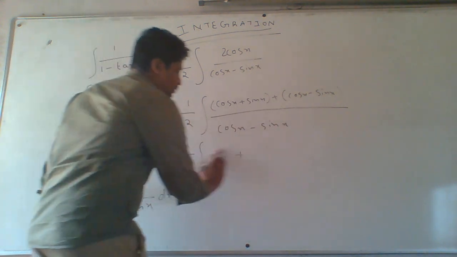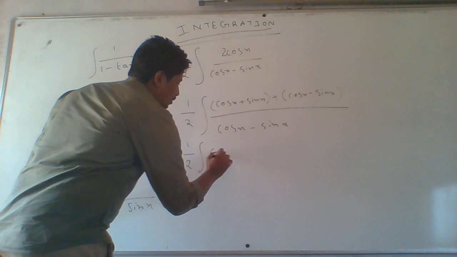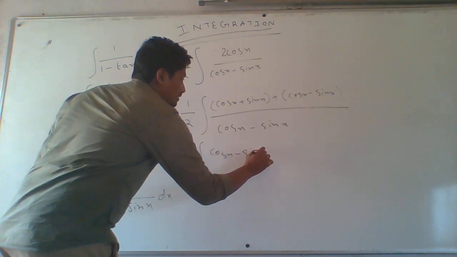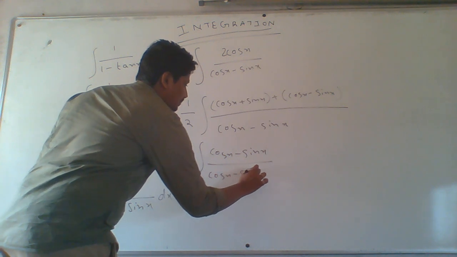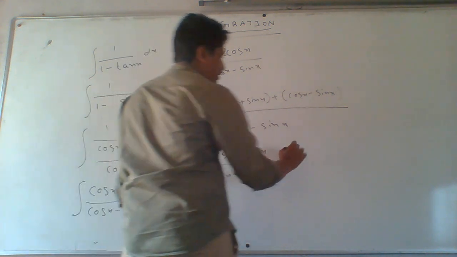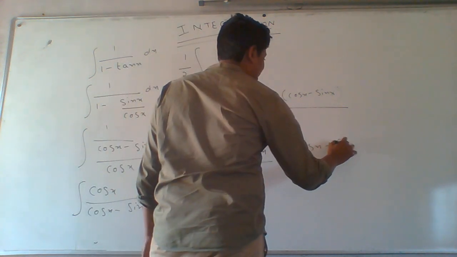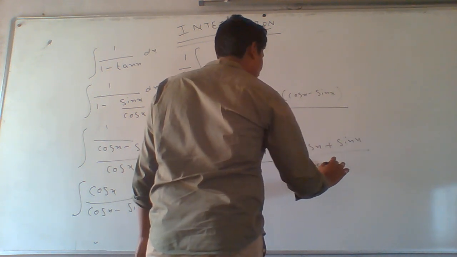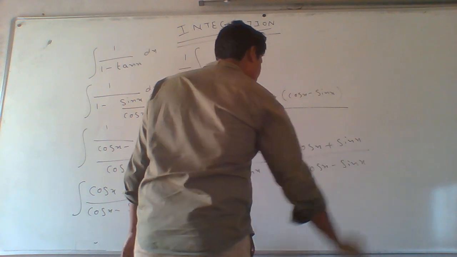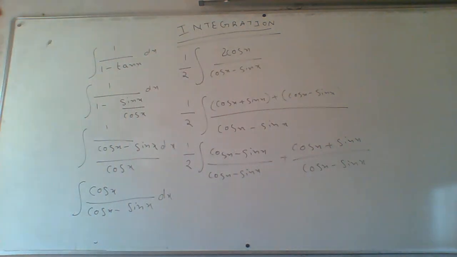Otherwise, let us prolong the steps. Cos x minus sin x by cos x minus sin x plus cos x plus sin x by cos x minus sin x.